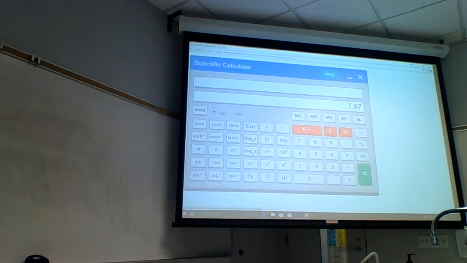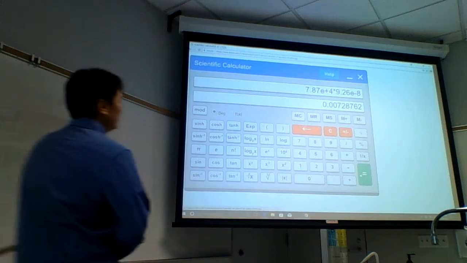7.87 times 10 to the 4th, times 9.26 times 10 to the negative 8. Yeah, different calculators do different things. Here we can see our two numbers.